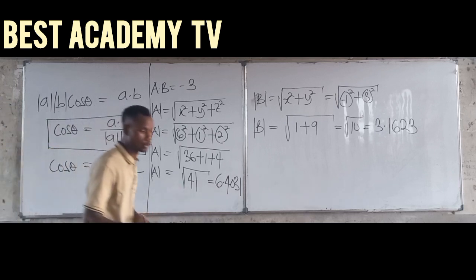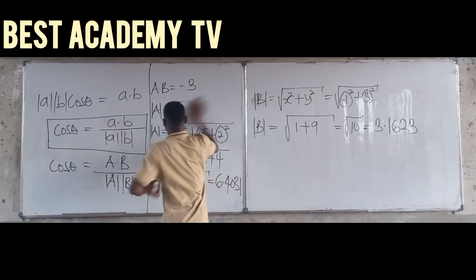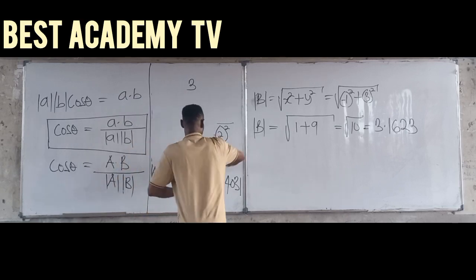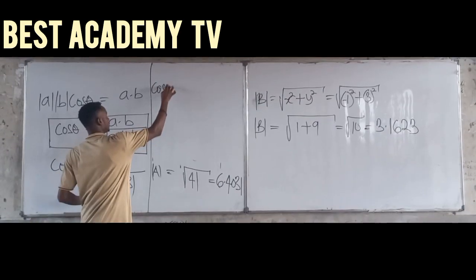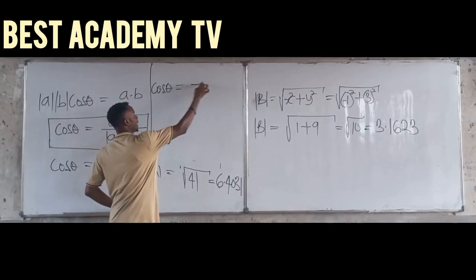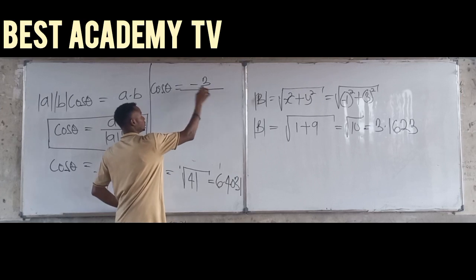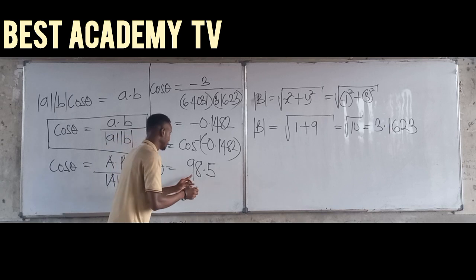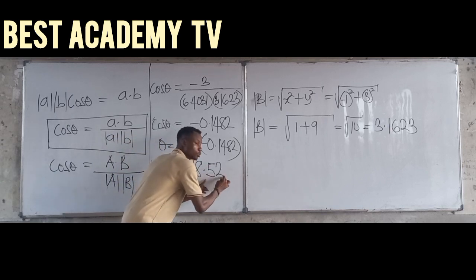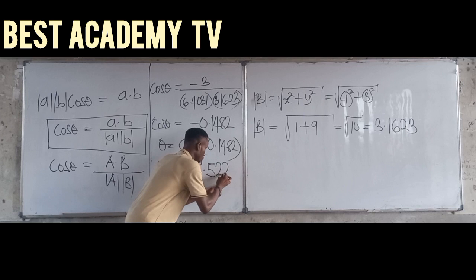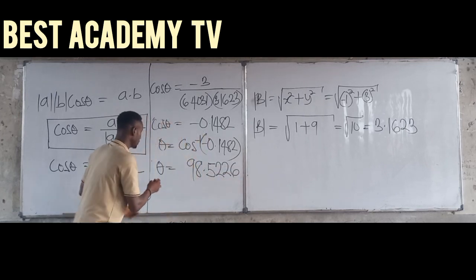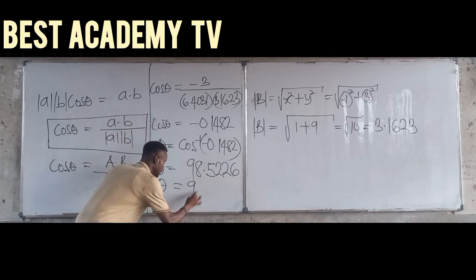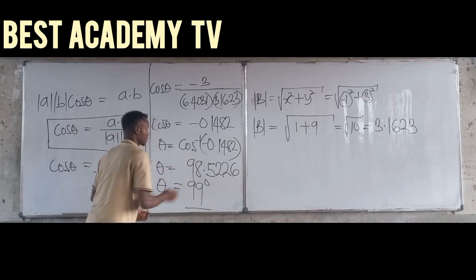Doing this here, I'm going to get cos theta to be equal to -3 divided by 6.4031 times 3.1623, which is 20.2485 approximately. Now doing this inverse here, to the nearest degree, this will equal to about 99 degrees.